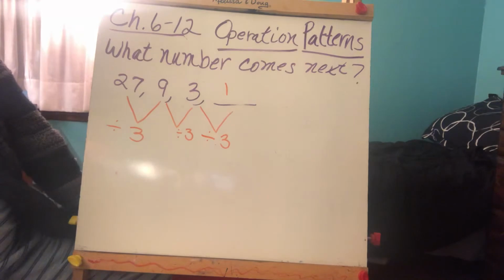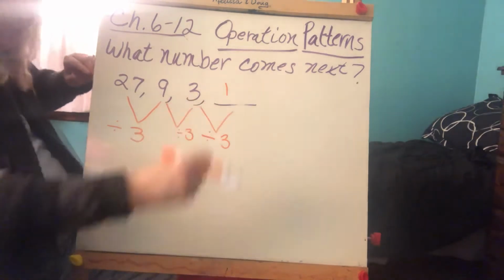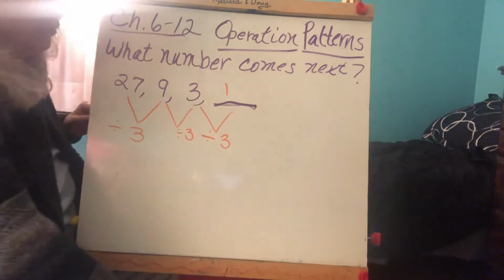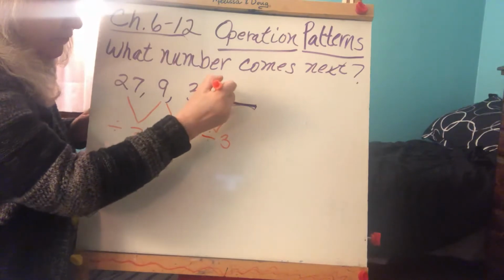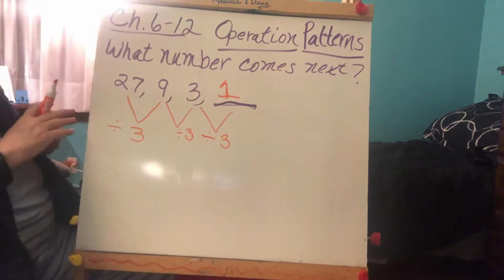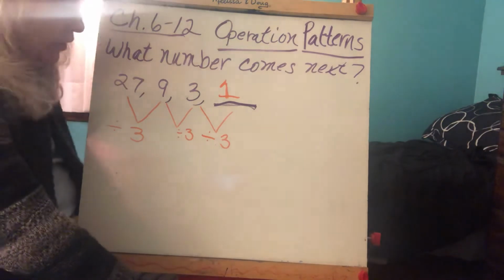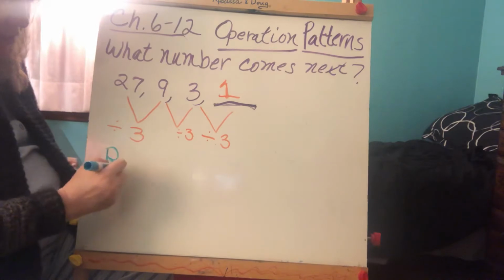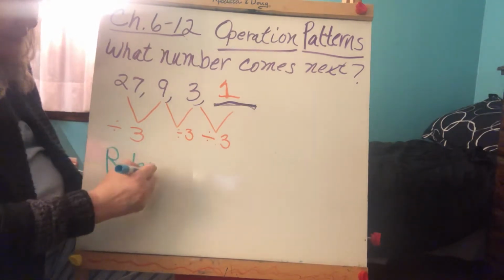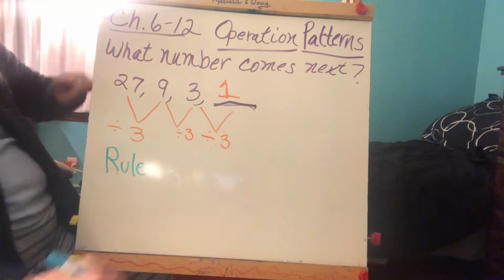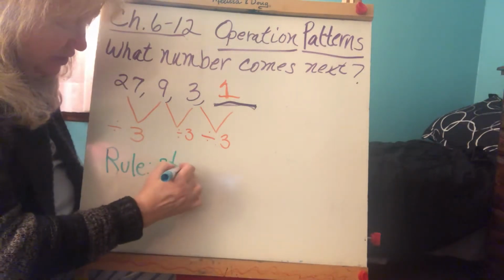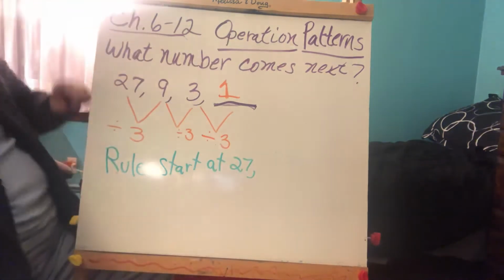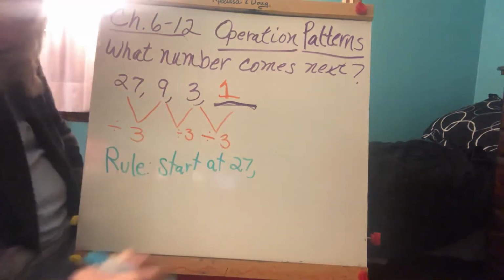Now, once you figure out what the last number is in the pattern, okay? Once you figure out what the last number is, and let me see if I can write that a little neater, it's 1. Then you have to write a rule that goes with this. So the rule for this, the rule is start at 27, comma, then divide by 3.